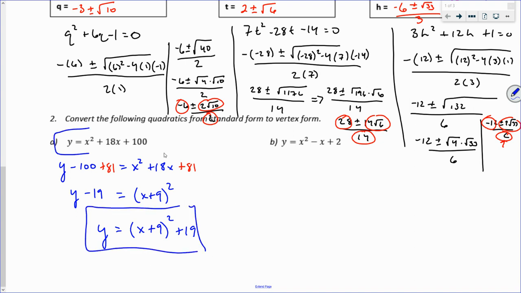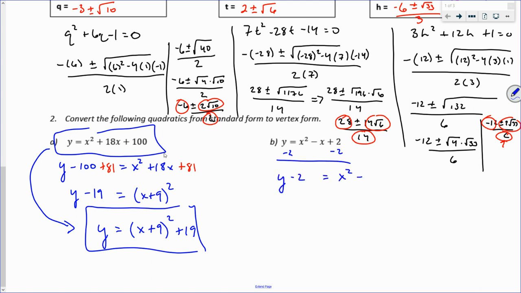So what we're saying is this standard form will make a parabola. This vertex form will make the exact same parabola. Minus 2 minus 2. Perfect square trinomial. This one gets a little messy. Negative 1 divided by 2 is negative 1/2. Squared is 1/4.